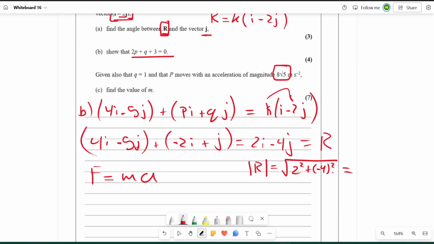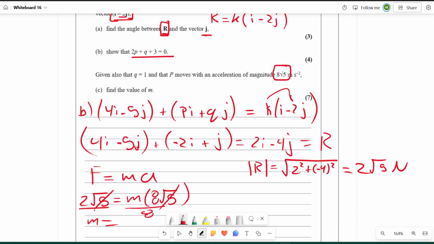So that is going to equal around 2 root 5 newtons, and then I can substitute it here. So 2 root 5 is going to equal mass times acceleration, which is 8 root 5. Root 5 and root 5 will cancel. Mass is going to equal 2 divided by 8, or 1 over 4 kilograms. And this is going to be my final answer for this question.